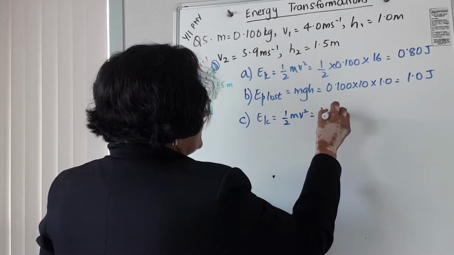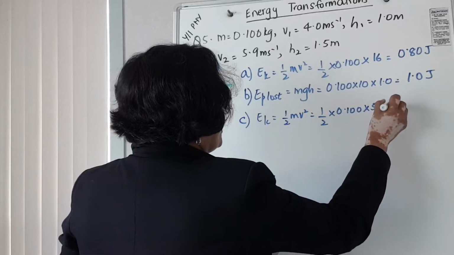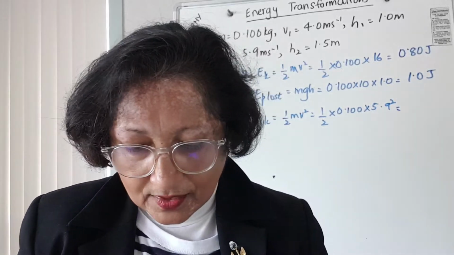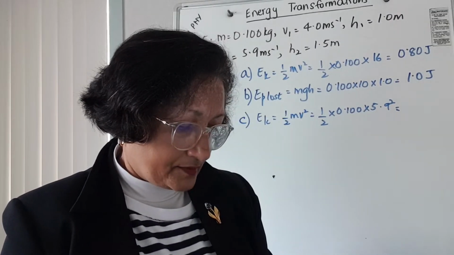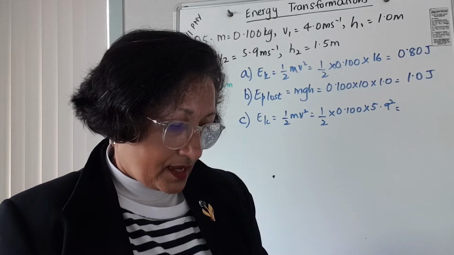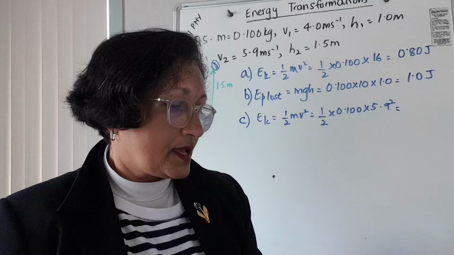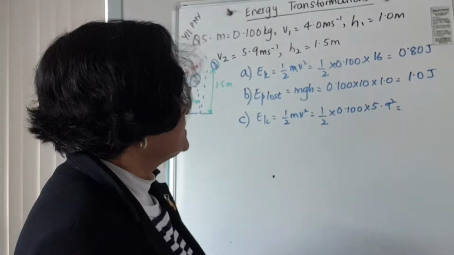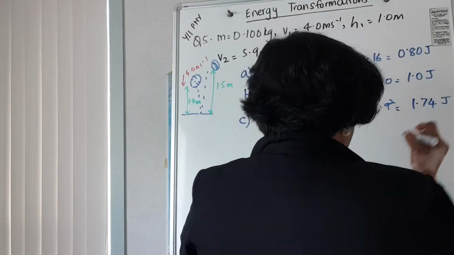The half is the same. The m is 0.100, but now for your v squared, you've got to use 5.9 squared. And so what you get is you go 0.5 times 0.100 times 5.9 squared, and you get 1.74 joules.